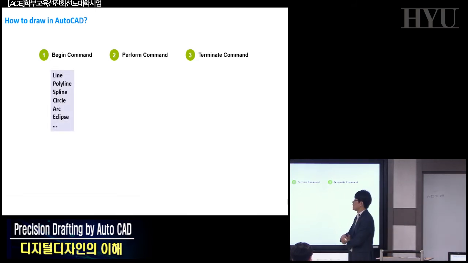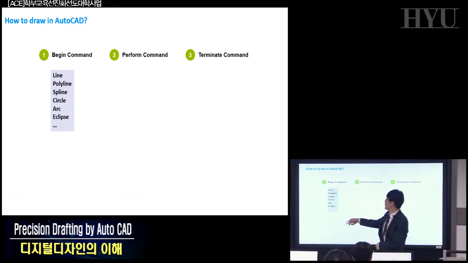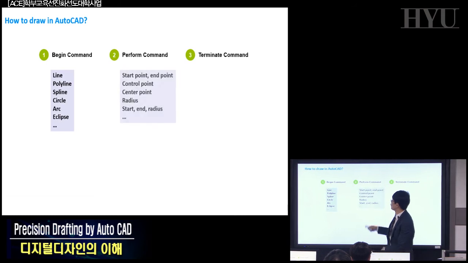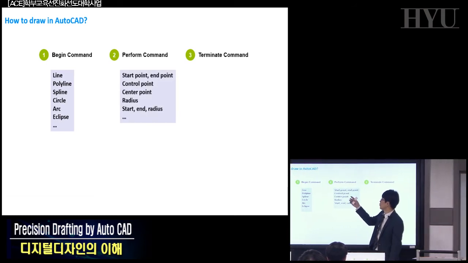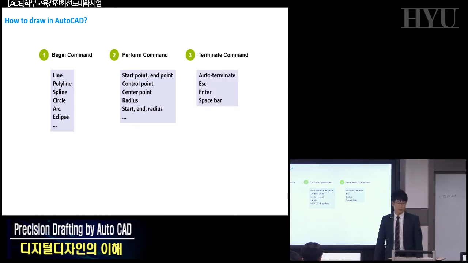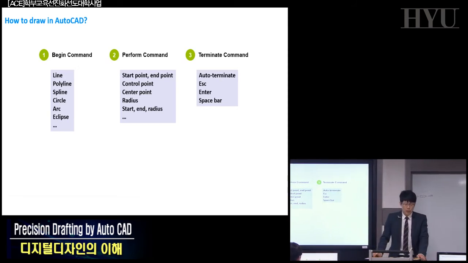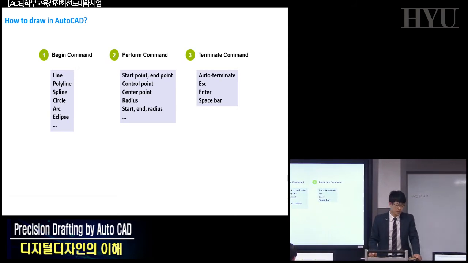If you type line, polyline, spline, circle, arc, ellipse, whatever, AutoCAD will ask you what the start point is, what the radius is, what the angle is, what the distance is, and so on. And then if you finish up, just simply type another enter or space bar or ESC, sometimes auto-terminated, okay?